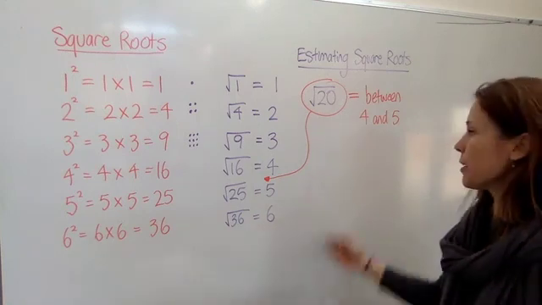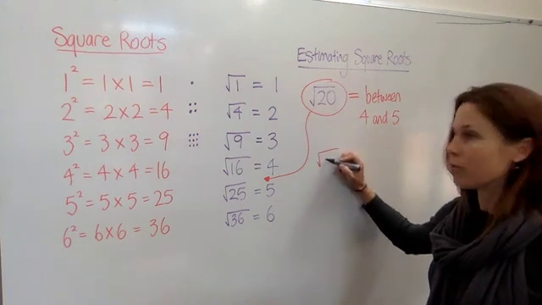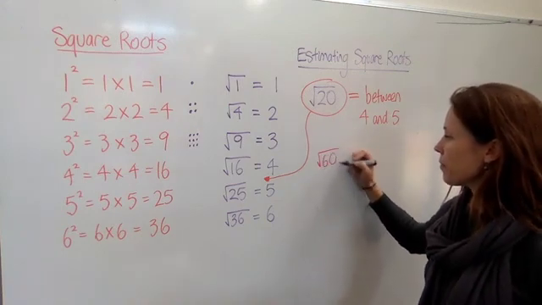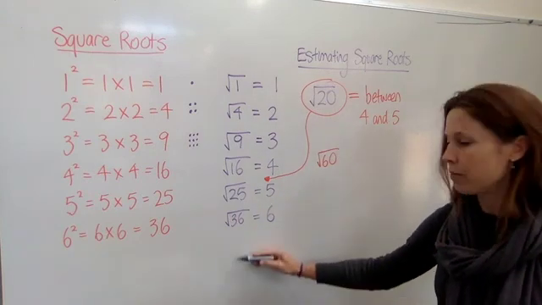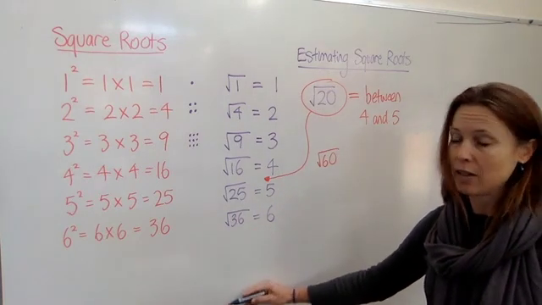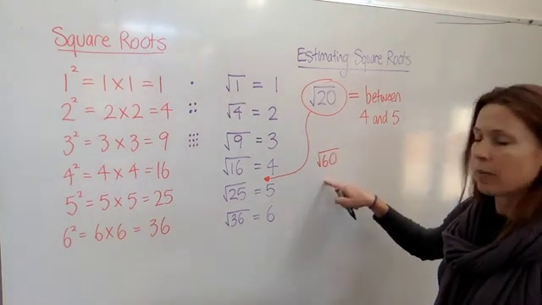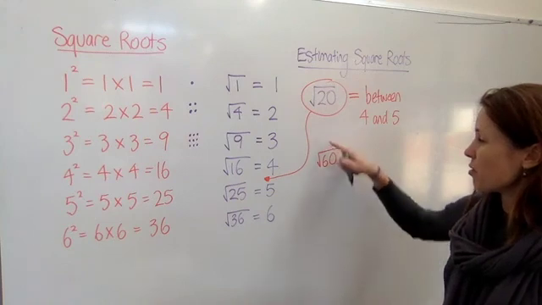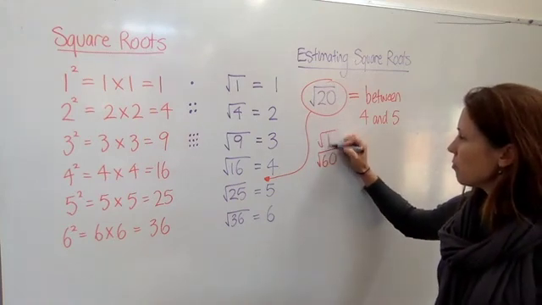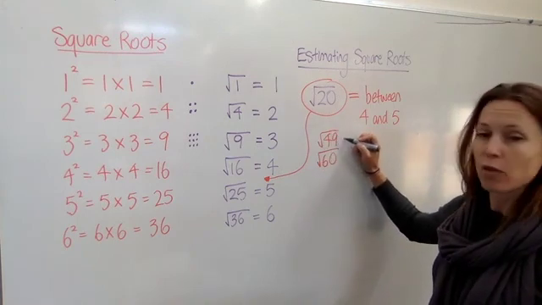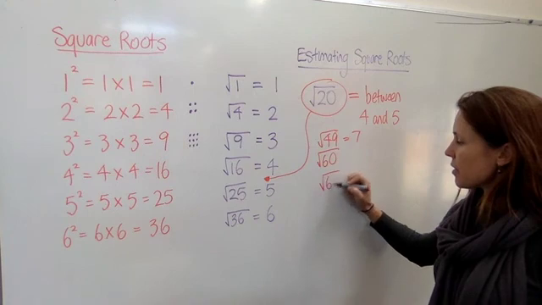Let's have a look at another one. If you were to estimate the square root of, let's say, 60. Now the trick to doing this is working out where it would fit, and we haven't extended our pattern down this far. So what you're looking for is two square numbers, one that's smaller and one that's bigger. So if you think through 7 7s are 49, so the square root of 49 is 7, and 8 8s are 64.